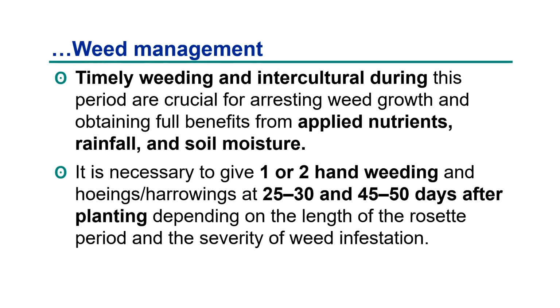Timely weeding and intercultural operations during this period are crucial for arresting the weed growth. It is necessary to give 1 to 2 hand weedings and hoeings at 25 to 30 days and 45 to 50 days. Means if you are going for just cultural control or mechanical control, then 2 hand weedings by suitable implement are enough.